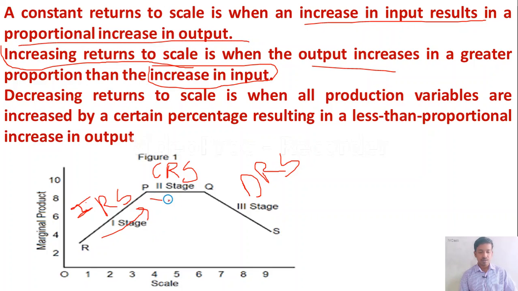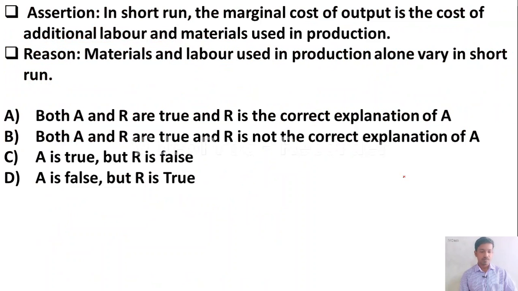It is known as constant returns to scale. And the third one, decreasing returns to scale, is where the production variables are increased by a certain percentage resulting in less than proportional increase in the output. It means the increase in output is less than the increase in the input. It is known as diminishing returns to scale.